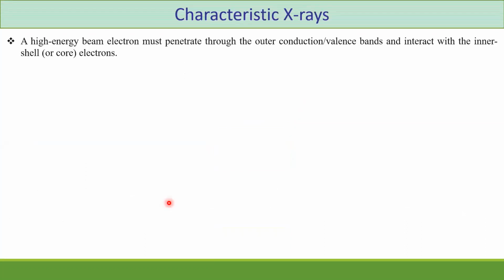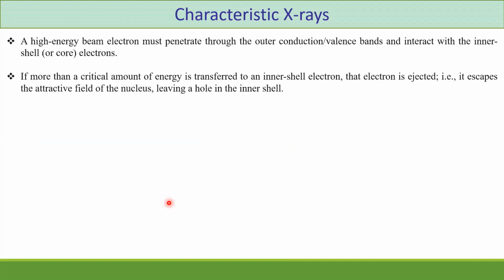What are the characteristics of those X-rays? A high energy beam electron must penetrate through the outer conduction and valence bands and interact with inner shell electrons, or the core shell electrons. If more than a critical amount of energy is transferred to an inner shell electron, that electron is ejected.